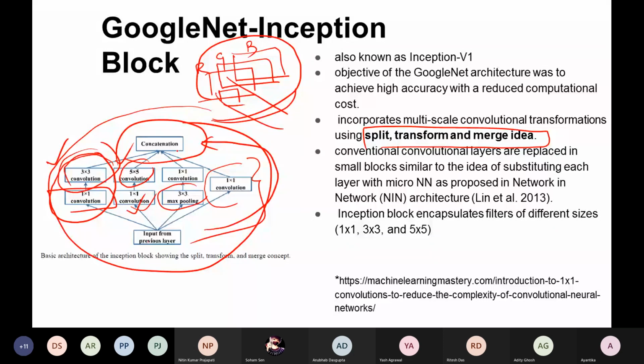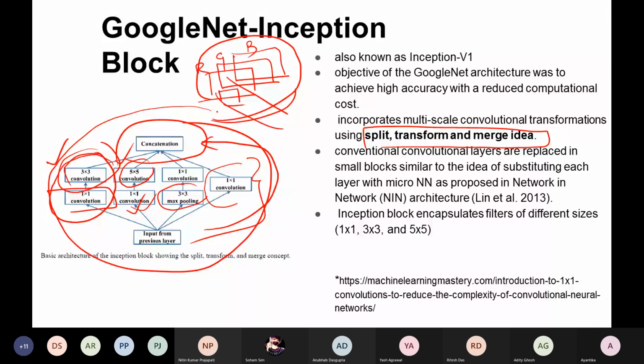This is just one basic architecture of the inception block. If you check the actual architecture of GoogleNet, this is not the whole architecture. This is just one simple block where you are splitting, then transforming, and then merging with the original information too.